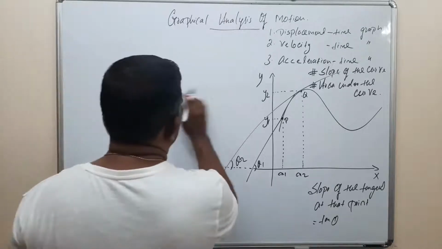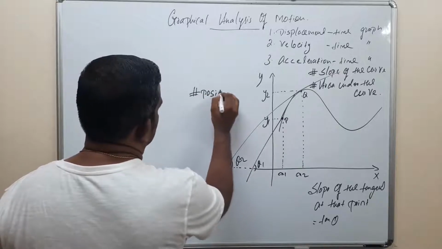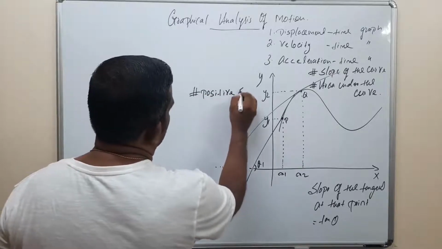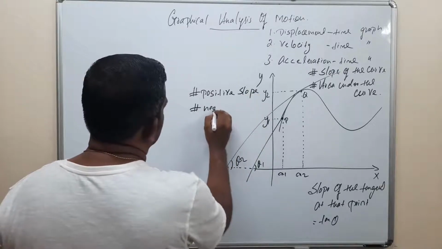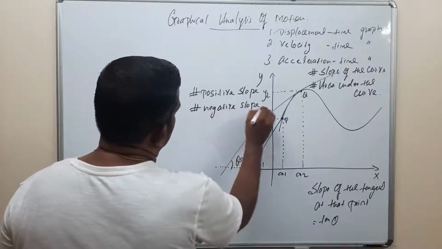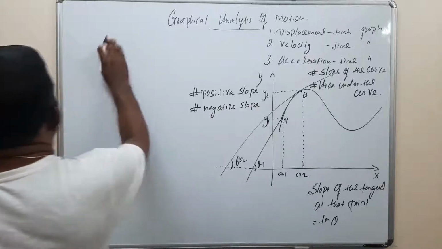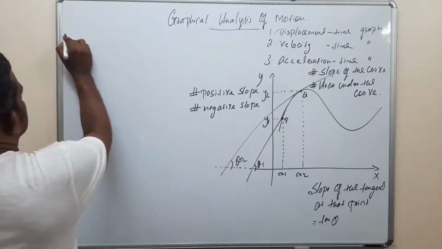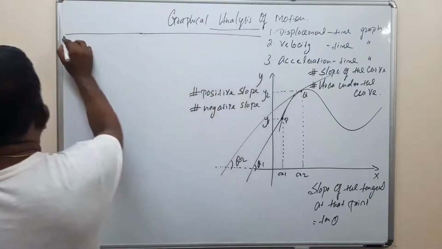Next, a very important thing: what is positive slope and what is negative slope? Before that, I will write the tan values of the standard angles.